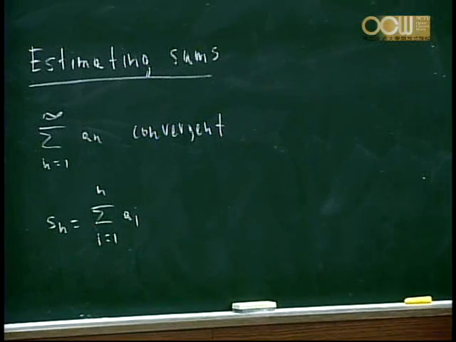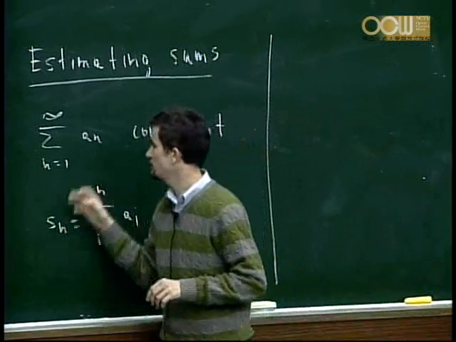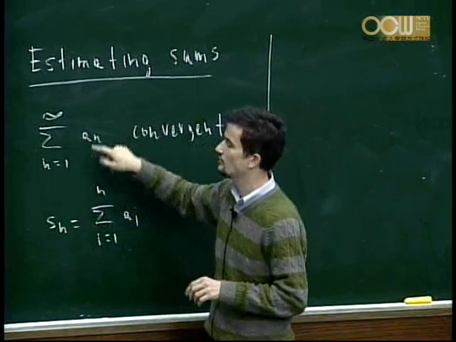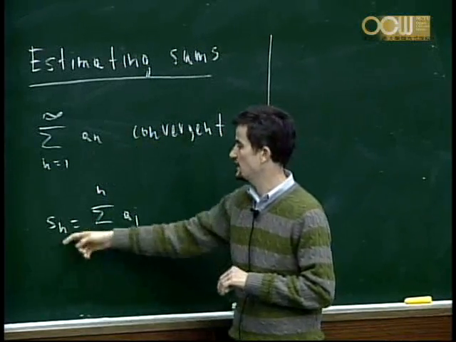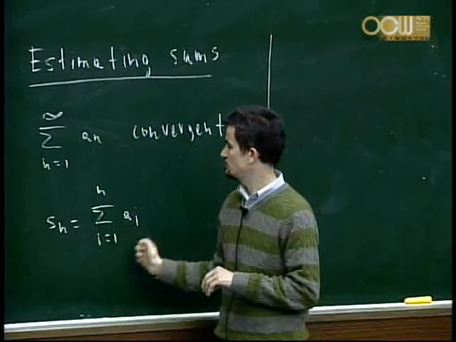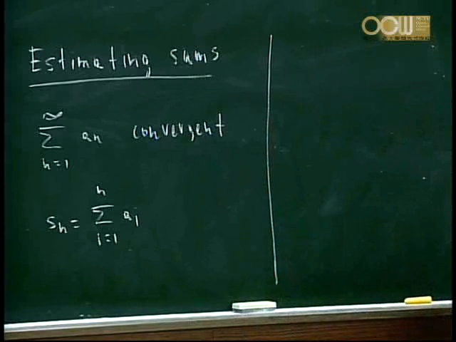Now, in order to predict how good your approximation is, if you are given a series like a_n equals 1 over n squared, the one we saw before, and you choose n, for instance, 100, and compute this, you will get an approximation. But of course, to predict how good it is, you need to know something about the error.